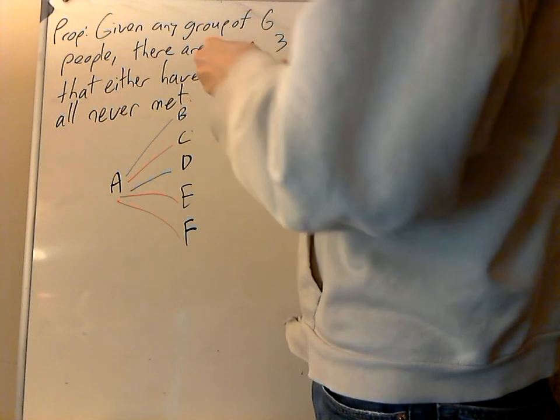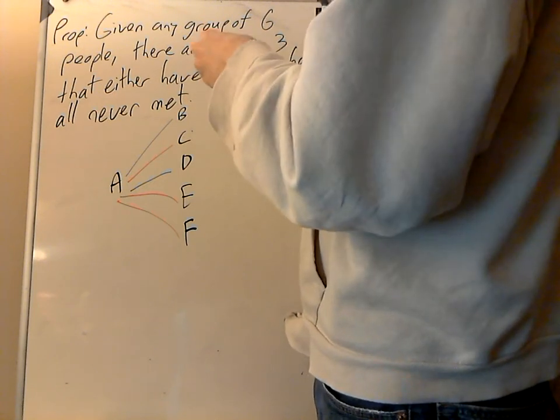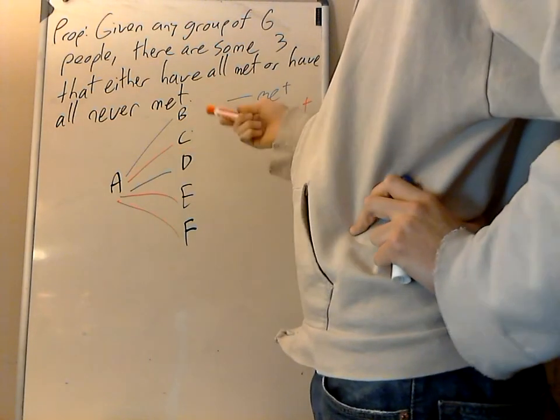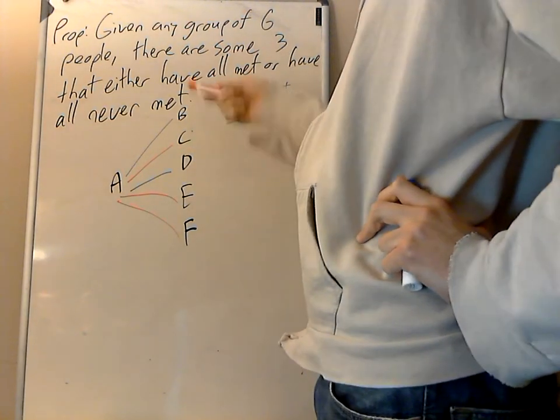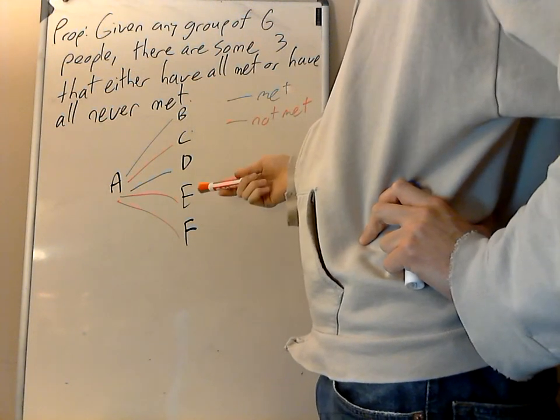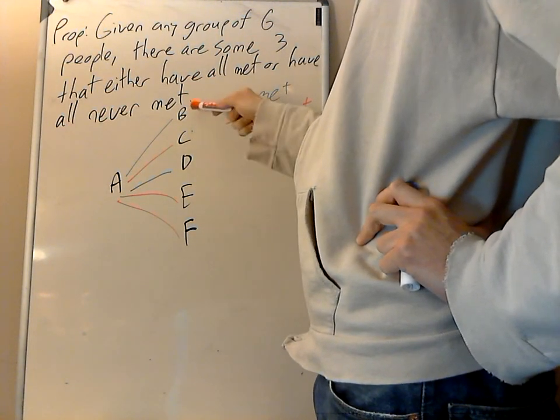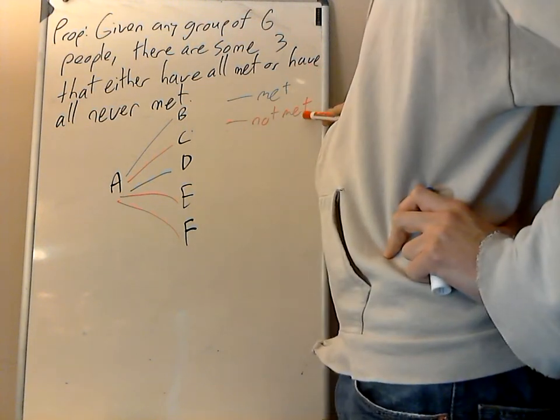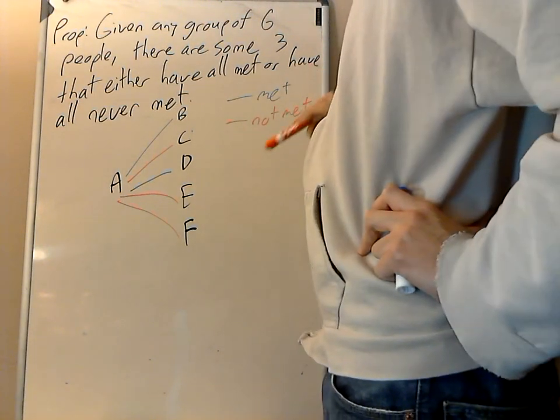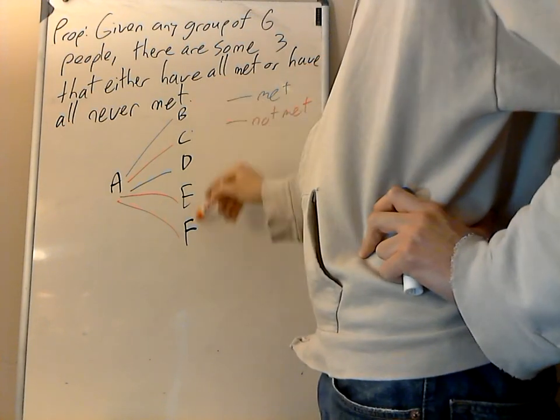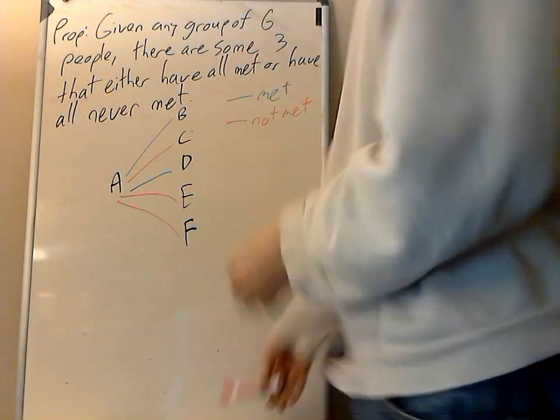So we notice that Alice has to have either met or not met any one of these 5 people. And since there are 5 people and 2 possibilities, one of these possibilities must account for at least 3 of the other people, Bob through Fred.